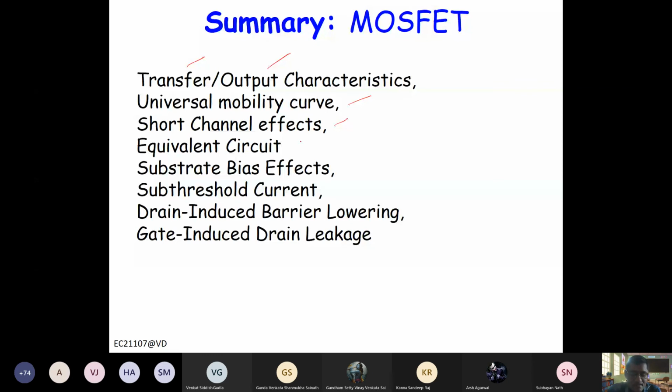We have also discussed the equivalent circuit, or AC equivalent circuit, and high frequency effect. Then we have discussed the body effect. Then sub-threshold current, where we discussed one parameter, sub-threshold swing, and then drain induced barrier lowering due to the drain voltage in short channel. It's only observed in short channel devices.